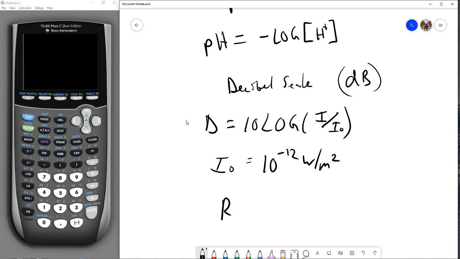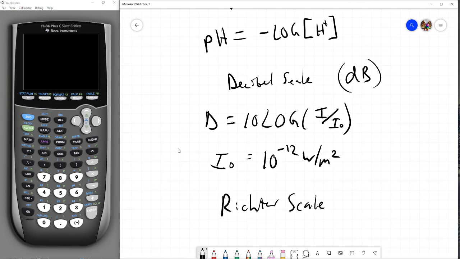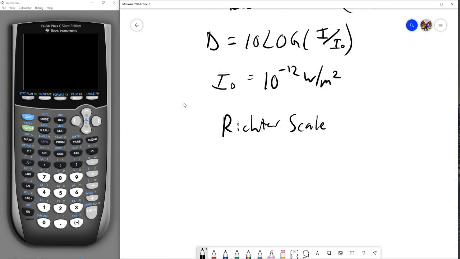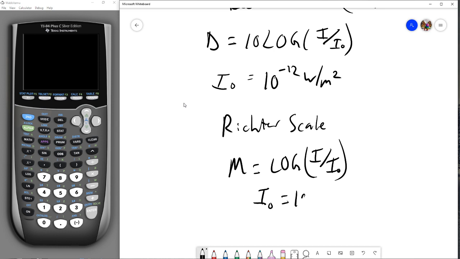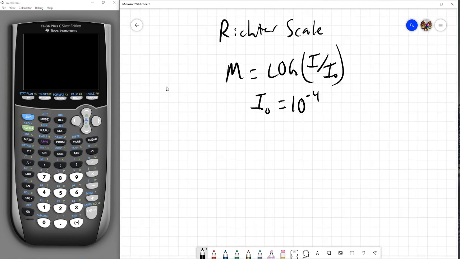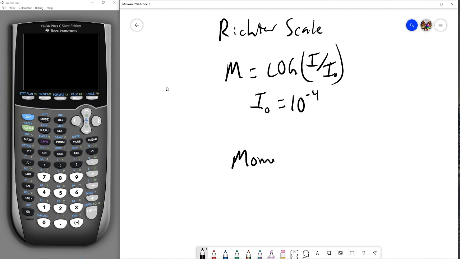And then we looked at the Richter scale, measuring magnitudes of earthquakes. So the Richter scale said that our magnitude is equal to log of I over I naught, where I naught is equal to 10 to the negative 4. And then we had the moment magnitude scale.